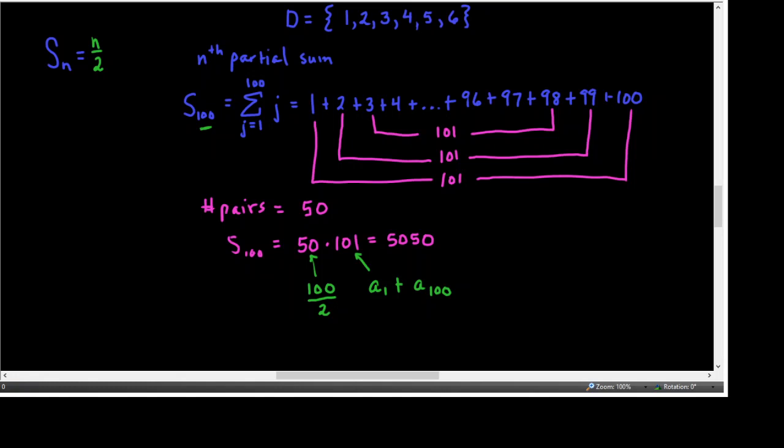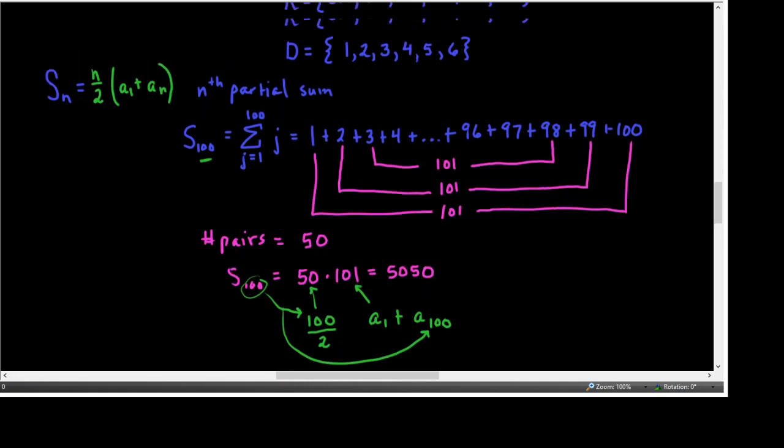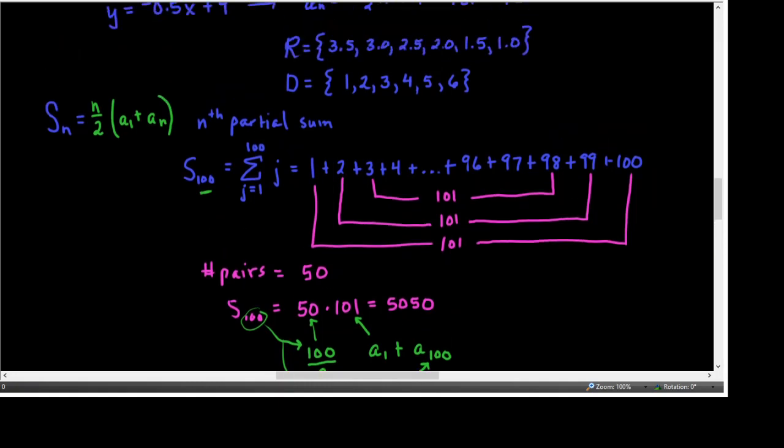So more generically, up here, we'll do a sub 1 plus a sub whatever n is. Okay, so in this problem, n is 100, so that's why this is 100, and that's why this is 100. And that takes us to that equation that we just wrote up there, which is the sum of the first n terms of an arithmetic sequence. So that's the name of this one.